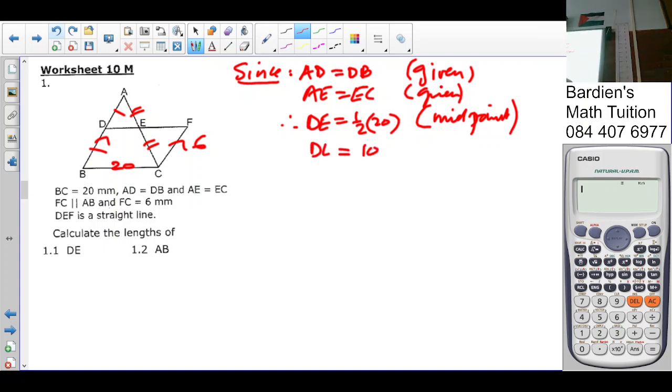Or I could have just said DE is 10. I don't have to say this part here, but of course the midpoint theorem comes into it. Alright, so I'm going to put 10 here because I've added that to the diagram afterwards. So that is number 1. Number 2 says the length of AB. What is the length of AB?